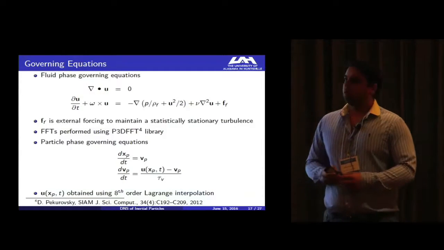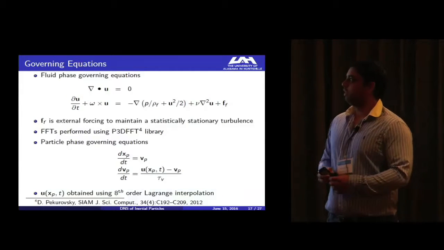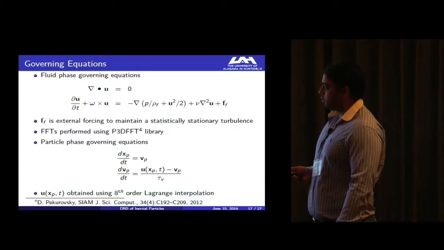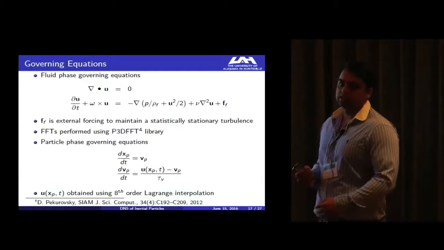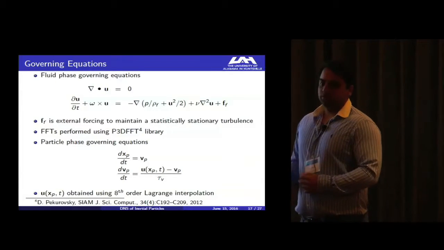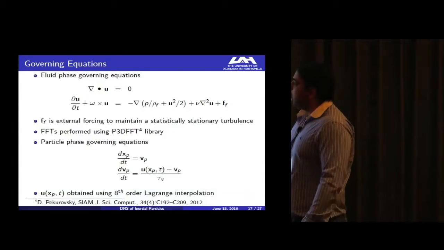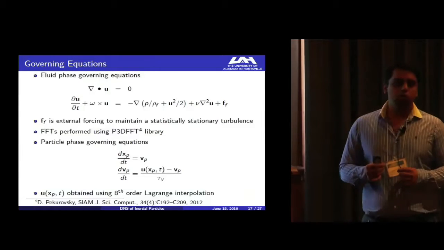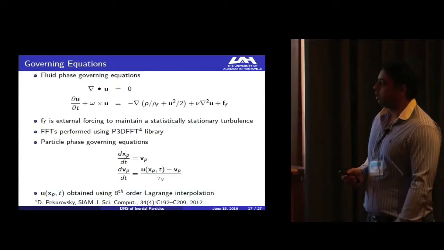The FFTs are performed using the external library P3DFFT. And the particle phase governing equations are these 2 equations, where V_p is the particle velocity and u(x_p, t) is the fluid velocity at the particle location.